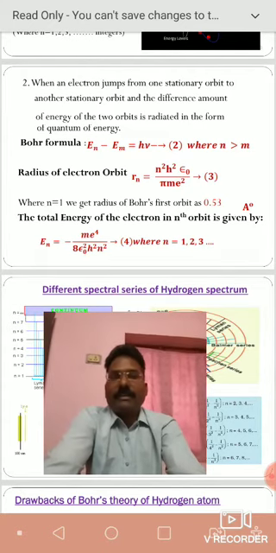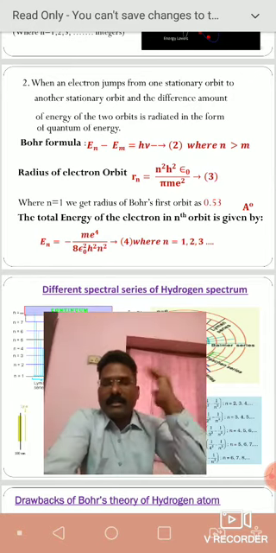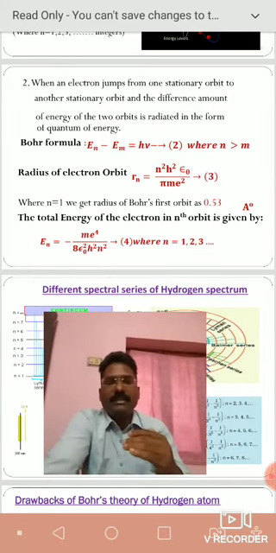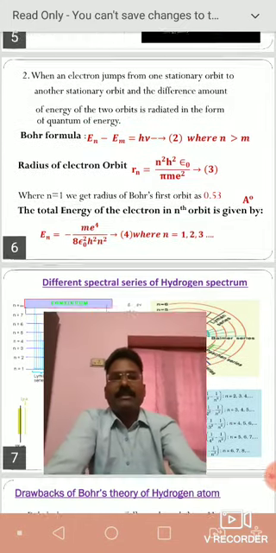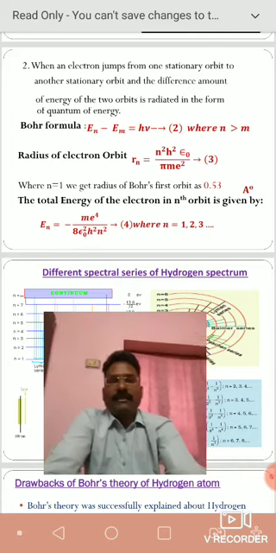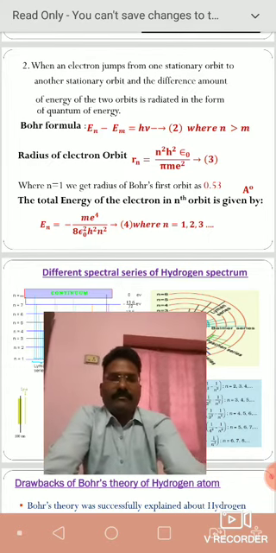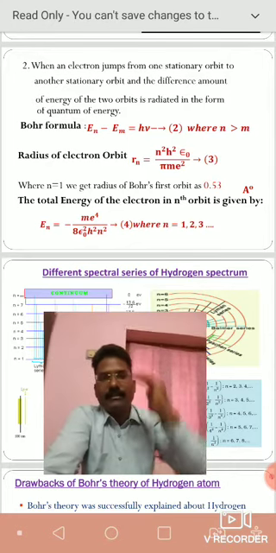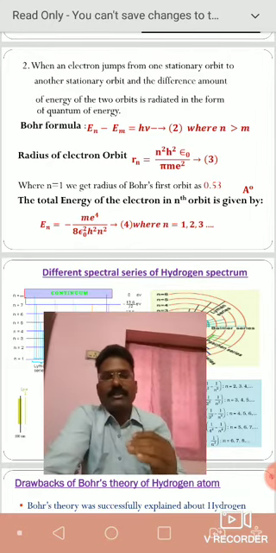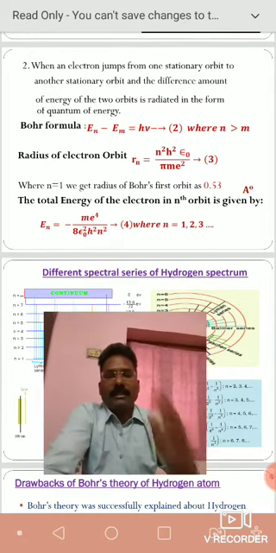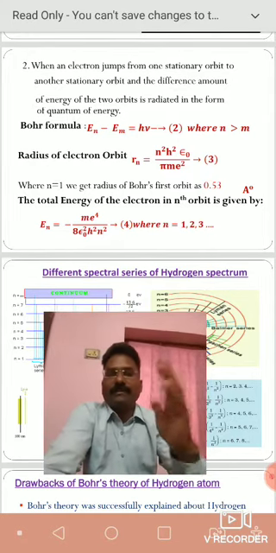Therefore, the formula can be written as: higher energy level is represented as En, lower energy level is represented as Em. En minus Em is equal to h nu, where n is greater than m. n is the higher energy stationary orbit, m is the lower energy stationary orbit. The second equation represents the energy of the spectrum.